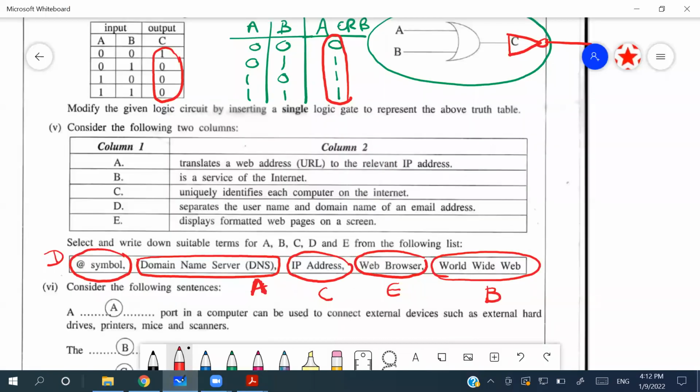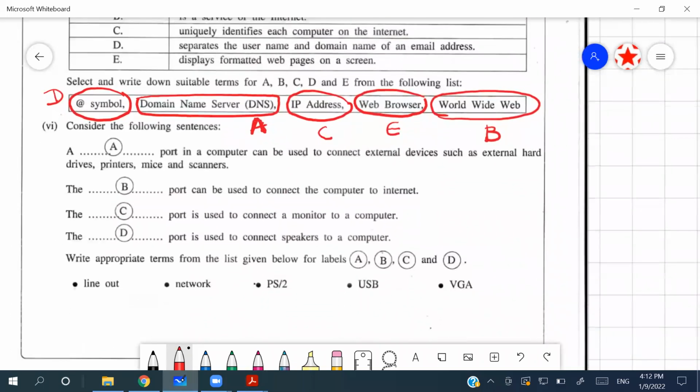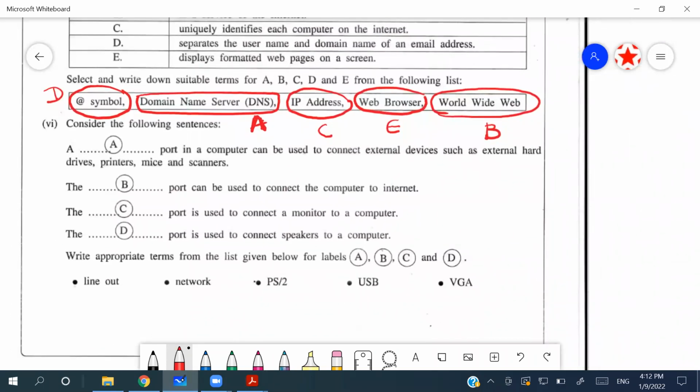So the 6th one says, consider the following sentences, and we have the appropriate terms under the sentences, so we have to choose what it is. And it says a blank port in a computer can be used to connect external devices such as external hard disk drives, printers, mice, and scanners. Yeah, we can use USB, right?